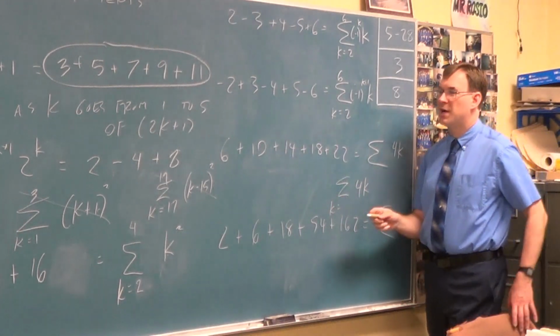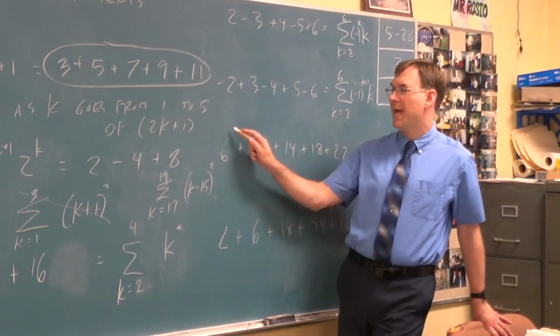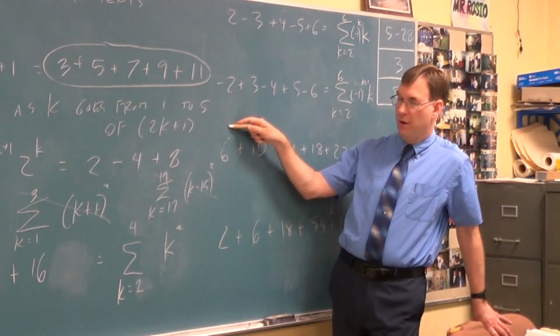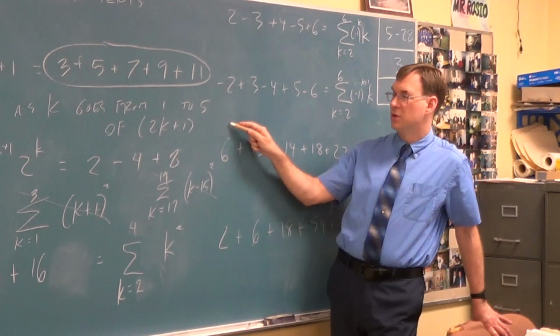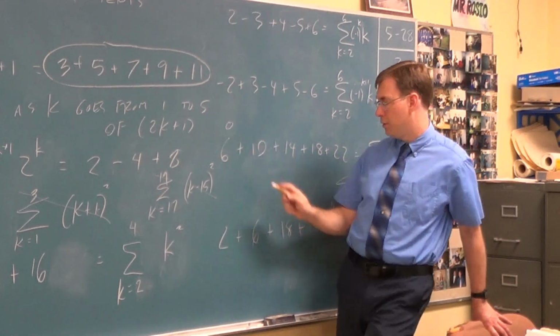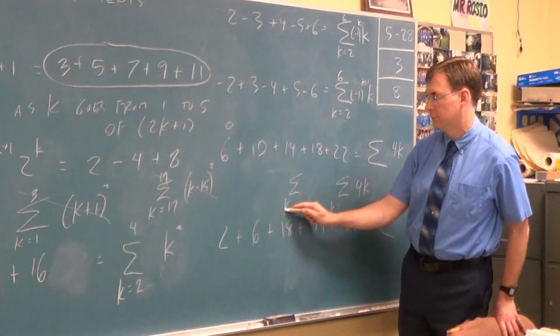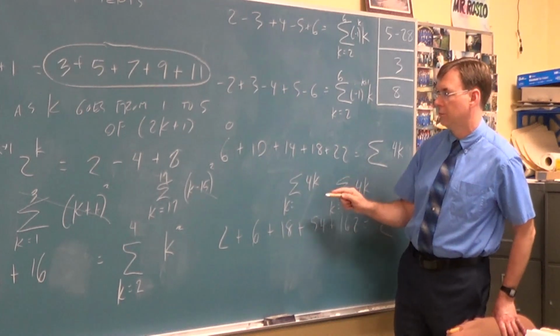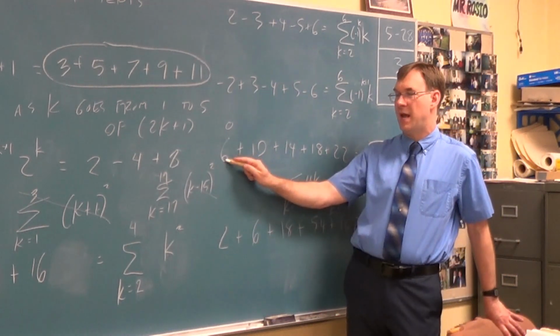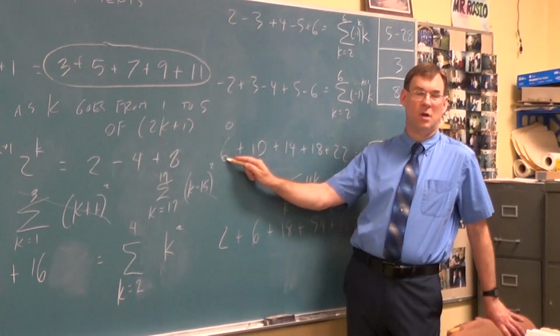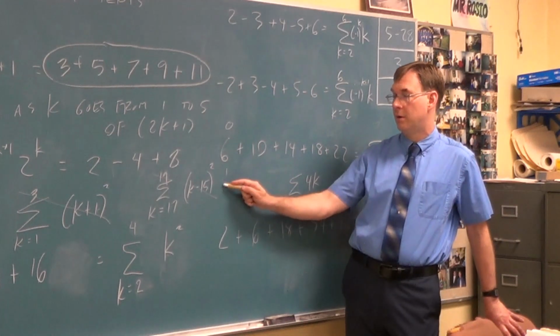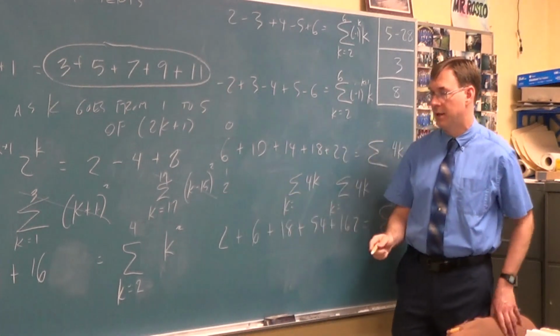If I'm going to go 4 times stuff, what's a number that gets me into the neighborhood? 4 times 1 gets us in the neighborhood. 4 times 2 gets us in the neighborhood.